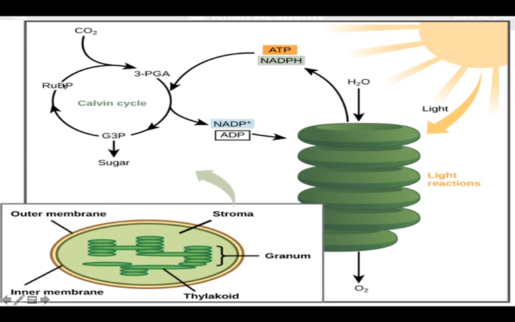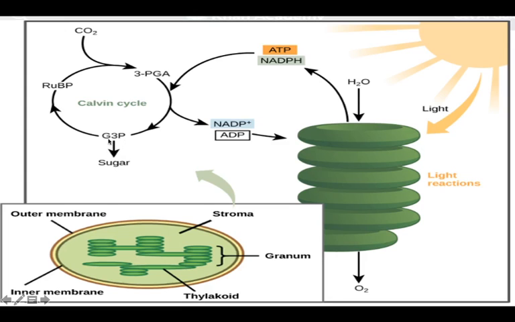Now this addition of this carbon to the 5 carbon compound leads to the formation of PGA, and this PGA is further converted into glyceraldehyde 3-phosphate, under the influence of ATP and NADPH, which were generated by the light reaction, to turn into a stable sugar molecule.